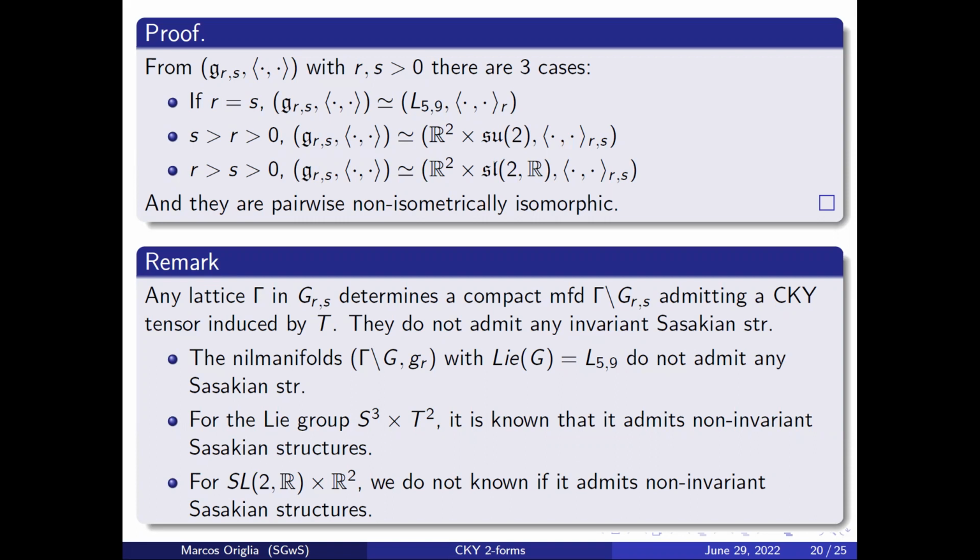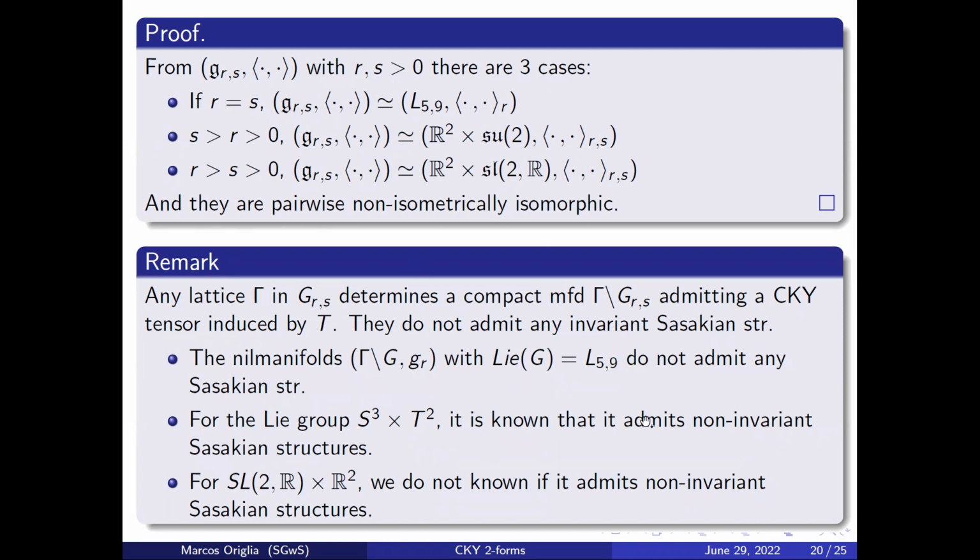Well, for the nil manifold, this is not the case. So the nil manifold, G mod Gamma, associated with the Lie algebra L59, does not admit any Sasakian structure, invariant or non-invariant. Because I guess if a nil manifold admits a Sasakian structure, the only possibility is the Heisenberg, and this is not the Heisenberg, so it's a 3-step nilpotent one.